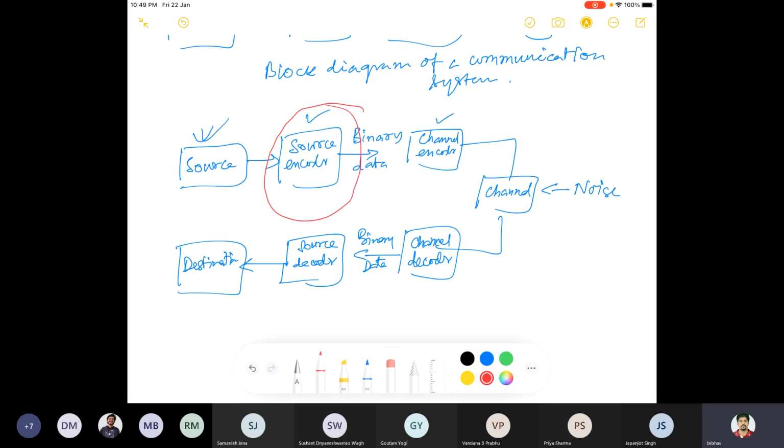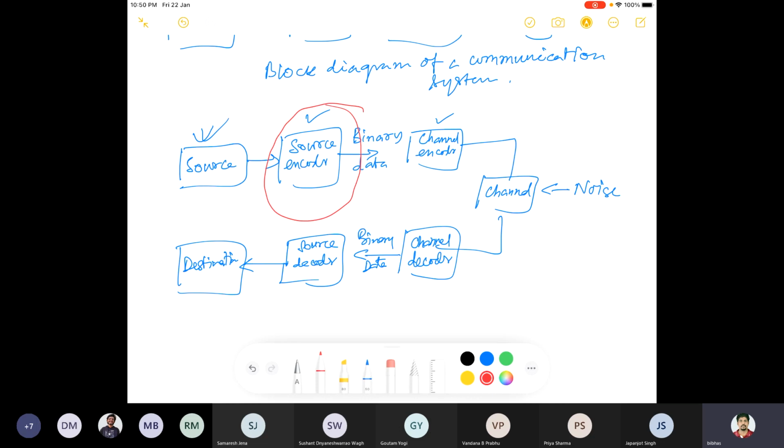Then the question is, how will the encoder decide the binary digits corresponding to each of these alphabets? Now the second point: suppose for A, B, C, D, X, Y, Z, all these alphabets, somehow it is decided. We'll talk about how to decide.